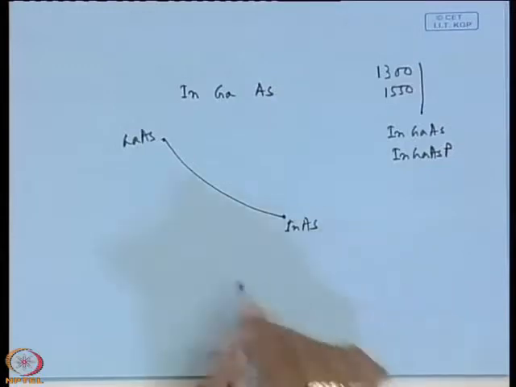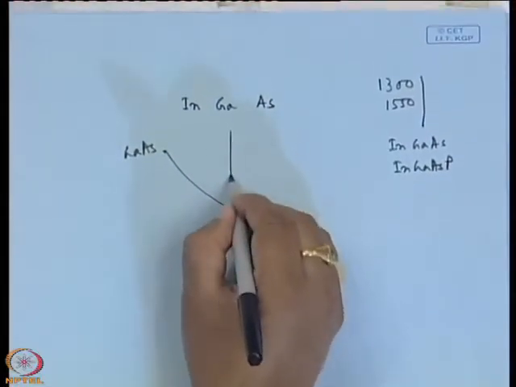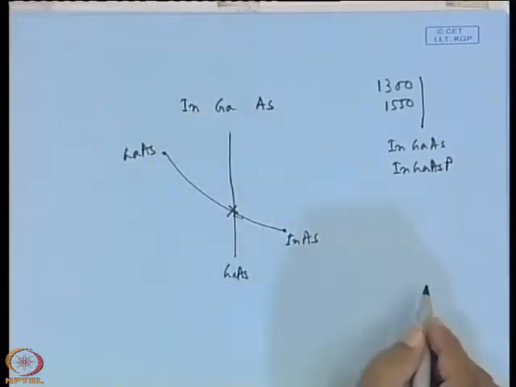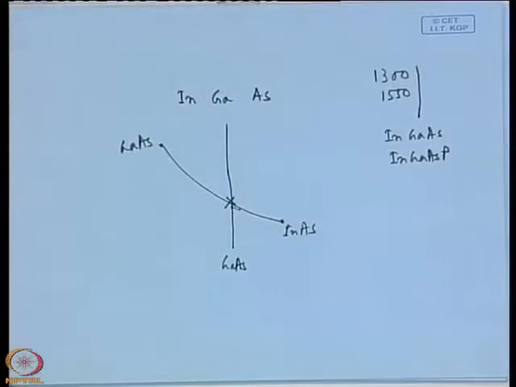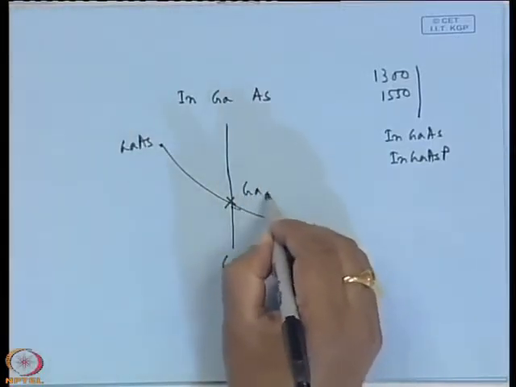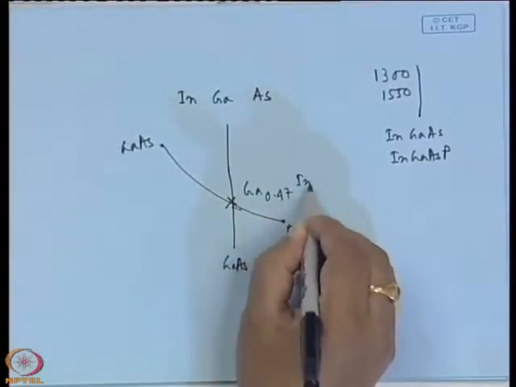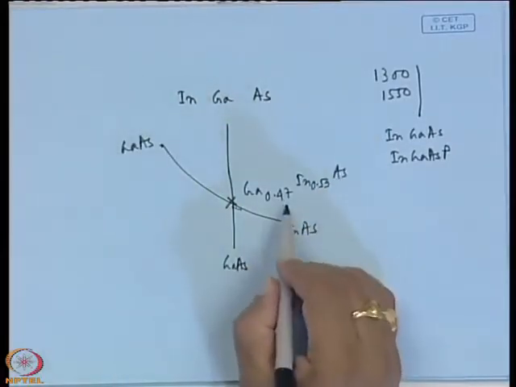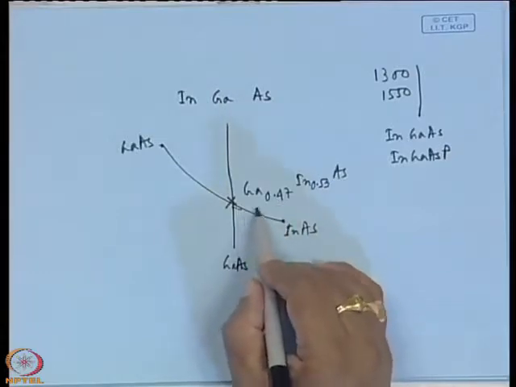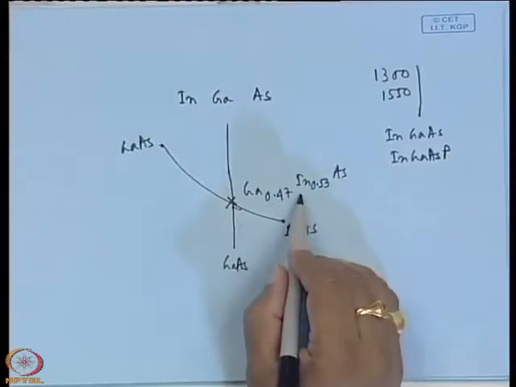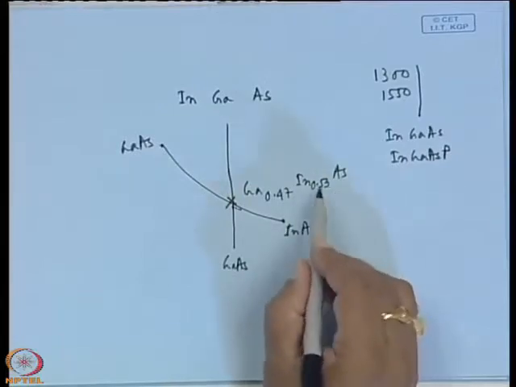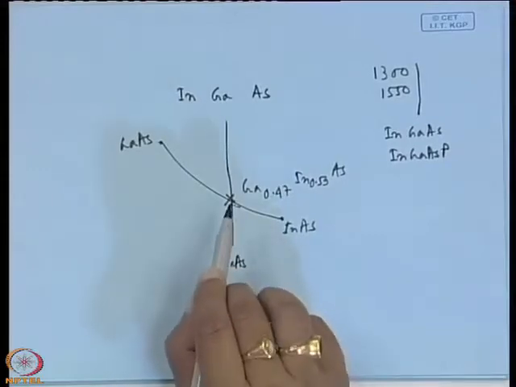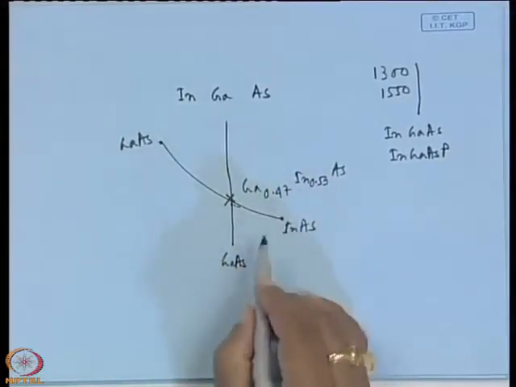You see that only at one composition it is lattice matched, and that composition is gallium 0.47, indium 0.53 and arsenic. That means, only 47% gallium and 53% indium with arsenic, if you grow, its lattice constant will be same with that of, sorry, indium phosphide.